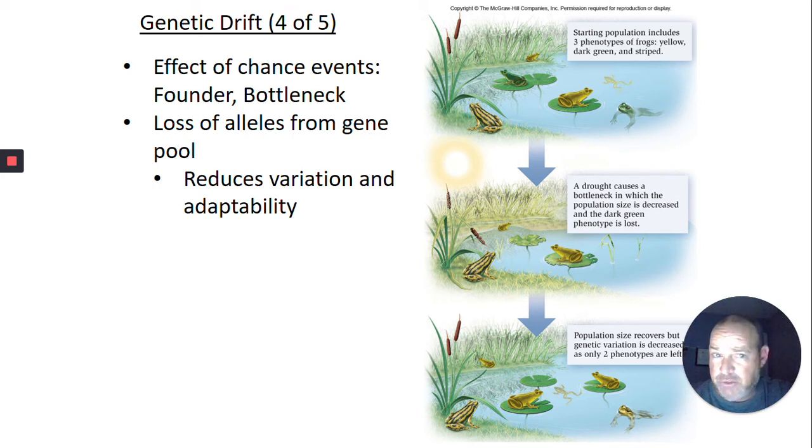Then we get a drought. It's going to cause a bottleneck because the pool level goes lower and there's probably less food, and so the dark green phenotype is lost. Then the pond refills, but the only problem is the green frog does not come back. The alleles are gone at that point and they don't return, so we're still left with just the two colors.